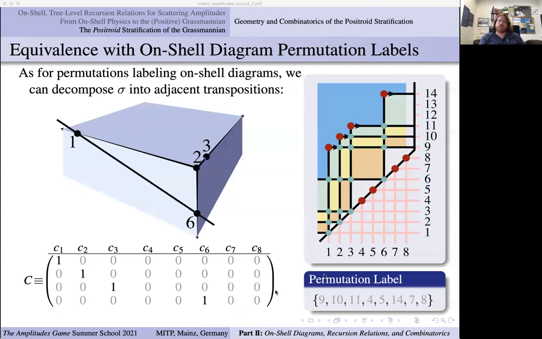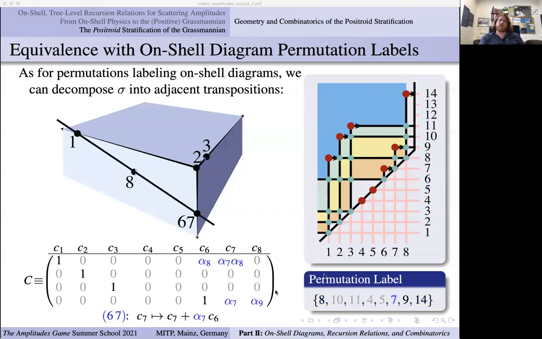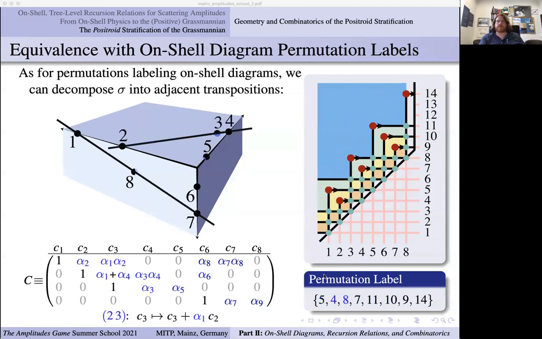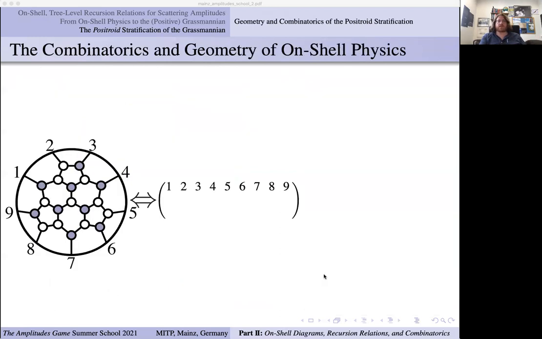And so the same kind of build-up sequence, we can play the same game. And the fact that the BCFW bridge construction generates both these configurations and the functions and the geometries all at once tells you that the labels that describe the geometry are the same labels as what describes this.